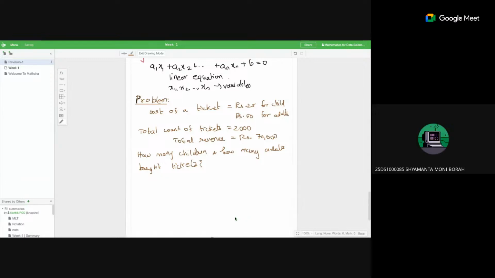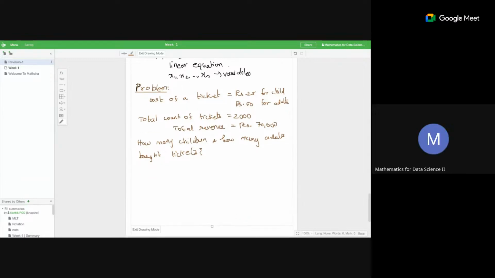It is rupees 25, right, ma'am? Yes, this is rupees 25. Everyone just go through carefully. Take a moment. Ma'am, suppose number of children is X and number of adults is Y. Let's first give one moment for the others also.